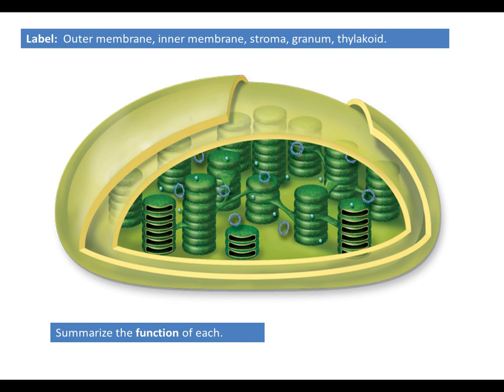On the outer and the inner membranes, for both of them, let's just say they're there to compartmentalize. In addition, I want you to acknowledge that not only do they compartmentalize, but they transport substances into the chloroplast and out. So they compartmentalize and transport.